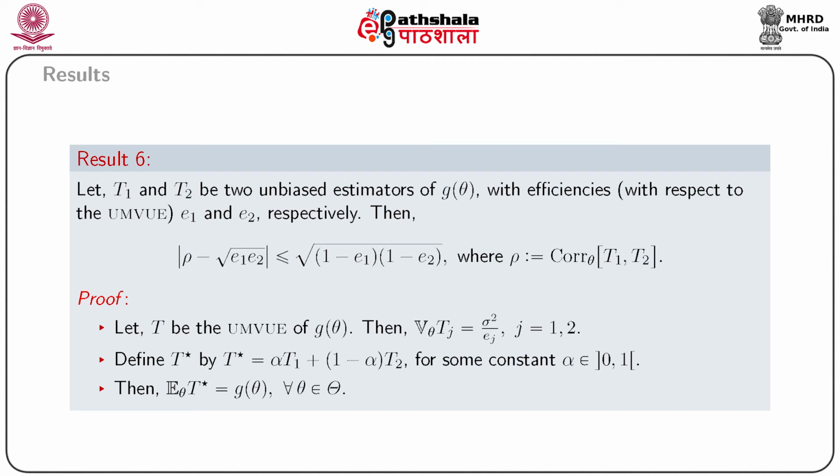Then expectation of T star is equal to alpha into g(theta) plus (1 minus alpha) into g(theta), which is equal to g(theta) for all theta, and hence T star is also an unbiased estimator of g(theta).